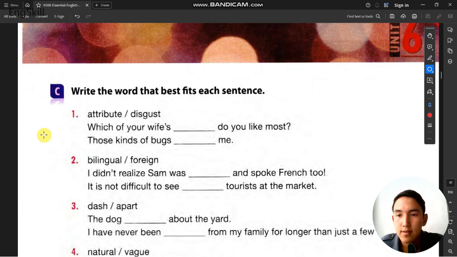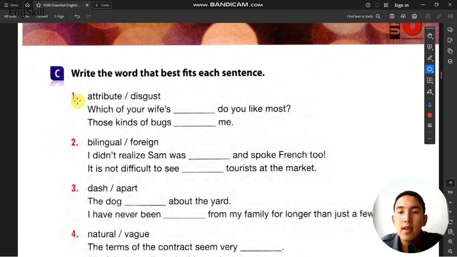The first one is attribute and disgust. So we put them in the right place. The first sentence is, which of your wife's attributes do you like most? Here should come attribute.